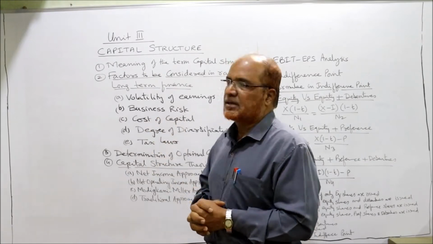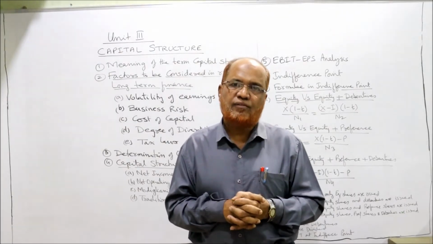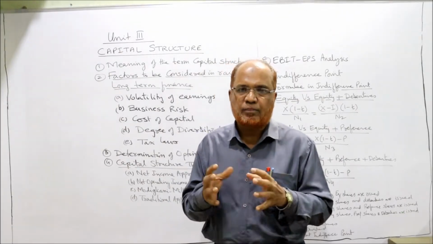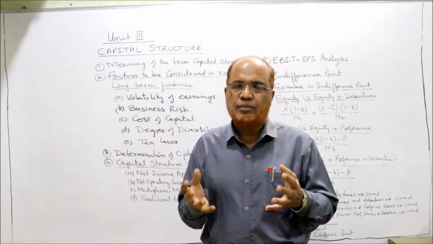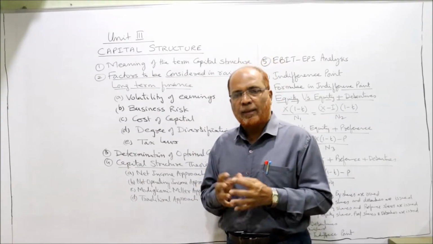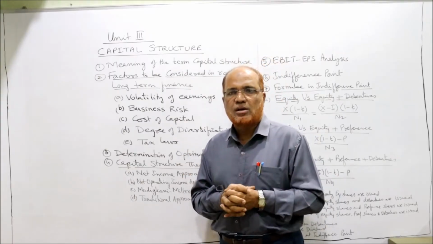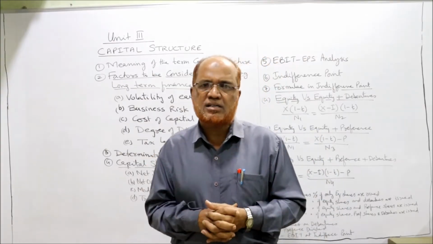Next comes business risk. Every business has some inherent type of risks due to economic and non-economic factors like political stability, economic conditions, technological obsolescence or market competition. A number of factors are there.